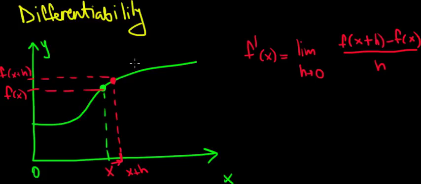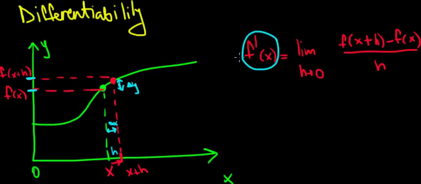And indeed, we can see it on the graph. f of x plus h, that's this y value, minus f of x, which is the following y value. So we have our delta y over here. And what is h? h is the difference between x plus h and x, because we increment x by h. So this is our delta x. And literally, delta y over delta x gives us our derivative.